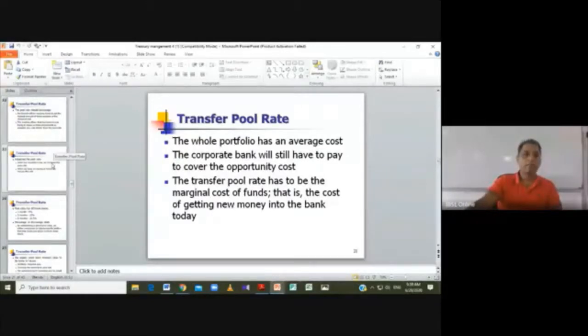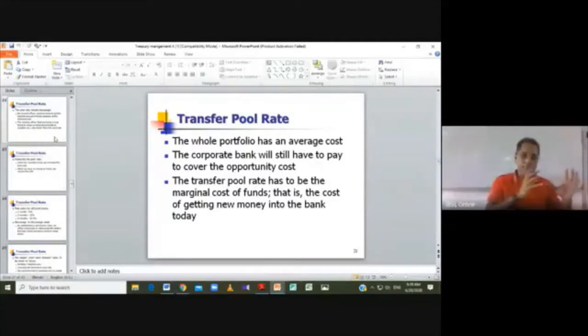So the transfer pricing cost ideally should be the marginal cost. Basically, at what cost can the bank get new money, or lend new money. That's why it has to be validated every day, to make sure the marginal cost to the bank is reflected every day. You can't be static, saying these are the liabilities I've raised at 8% and I've lent them at 10, so I have to borrow at 10 and lend at 10 all the time.